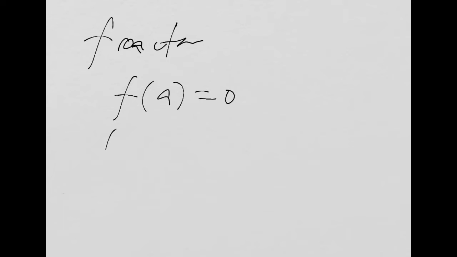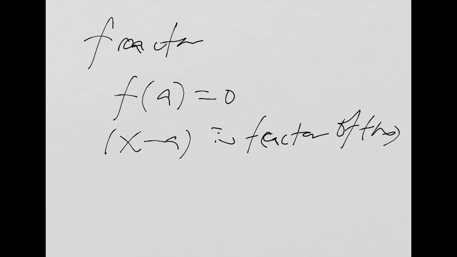Then for the factors, you just need to substitute the values in. For example, you substitute x = a, so (x − a) is a factor of f(x). So this is called what?